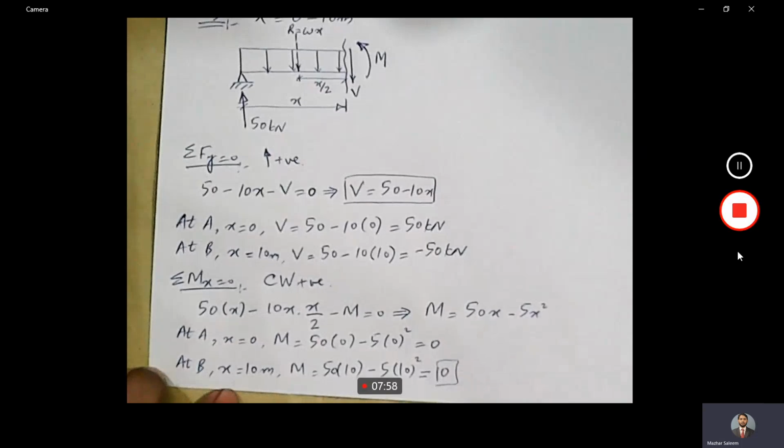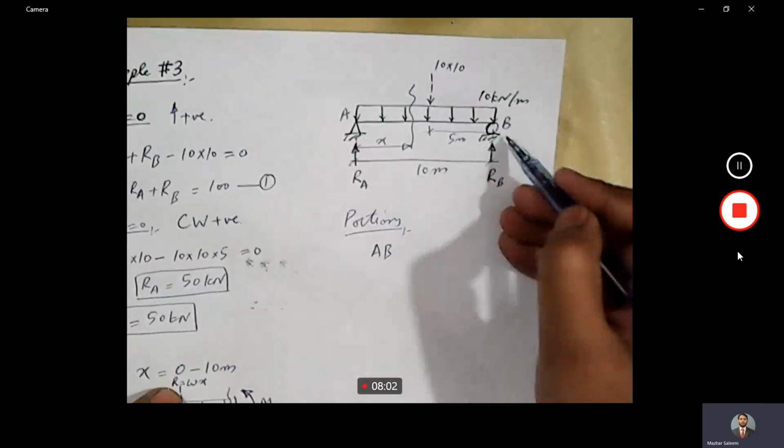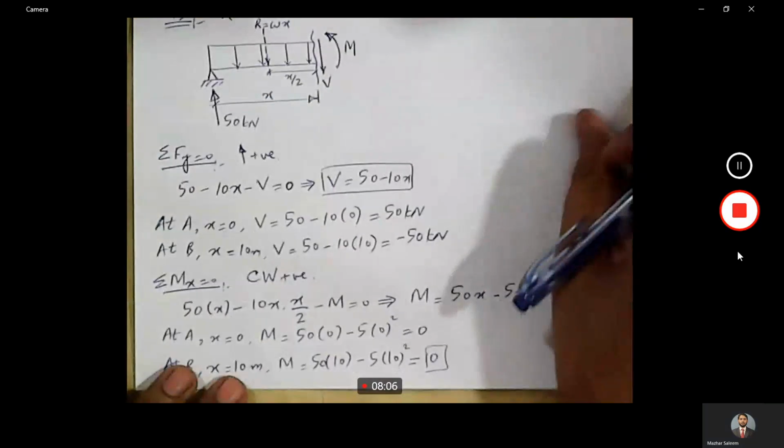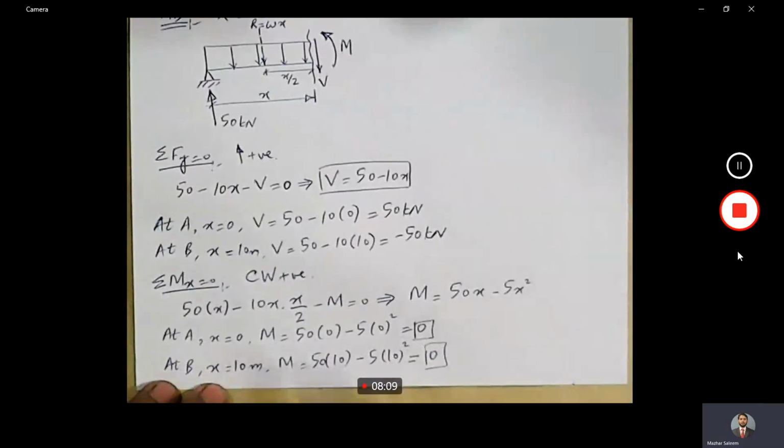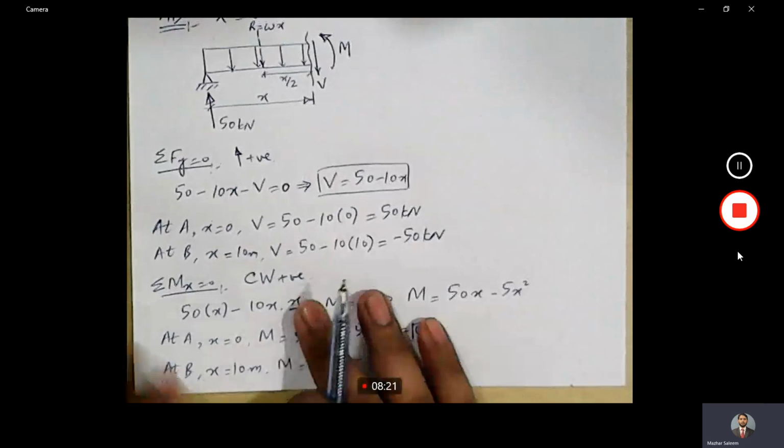Is this 0 logical? Yes, this is logical because we have a roller support at point B. So 0 moment at support A and 0 moment at support B. So we have moments and shear forces for the entire length of the beam. Now let's start drawing shear force diagram and bending moment diagram.